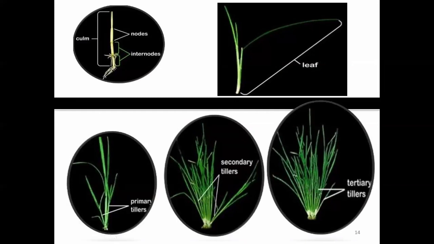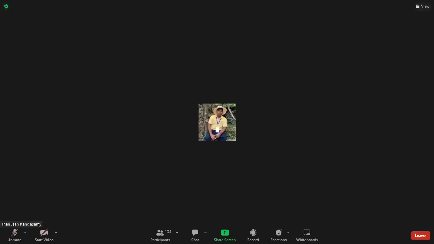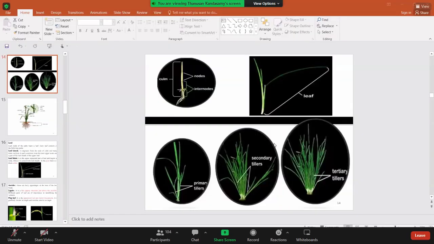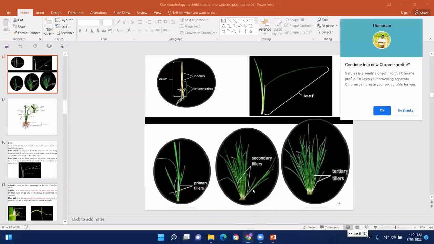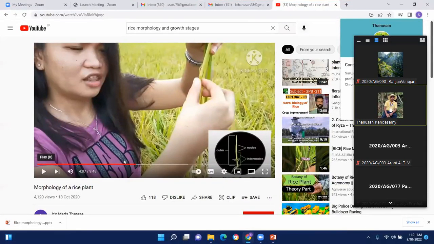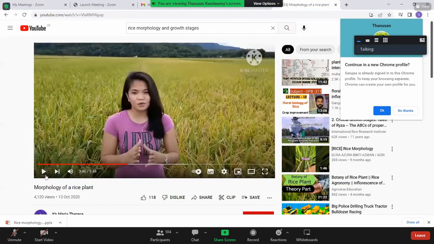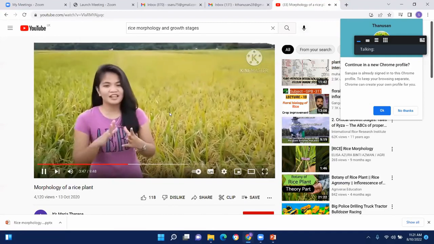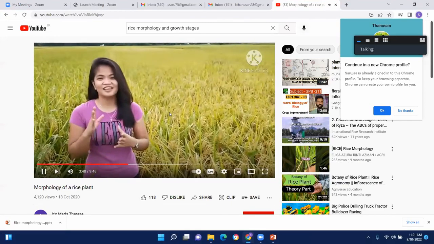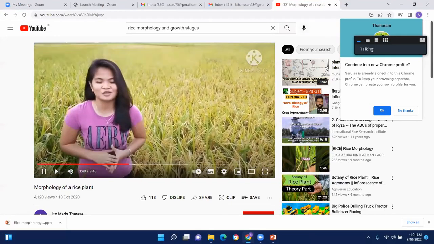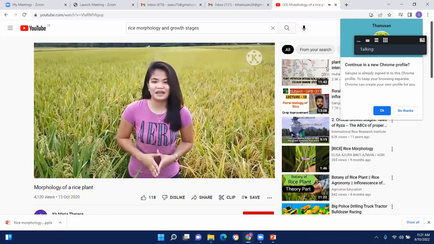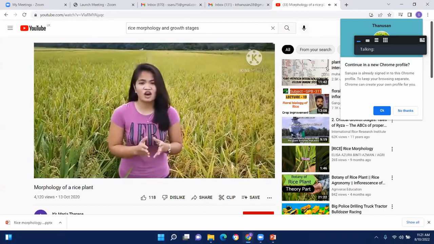Okay, we can now move to the video again. Okay, can you see? Yes, sir. Okay, I will play. The leaves and the reproductive structure. The culm of a rice plant is composed of a series of nodes and internodes.